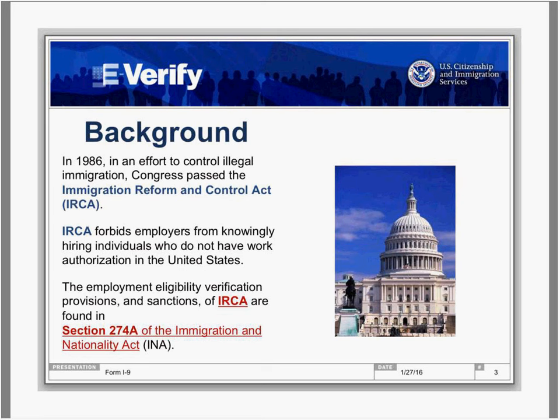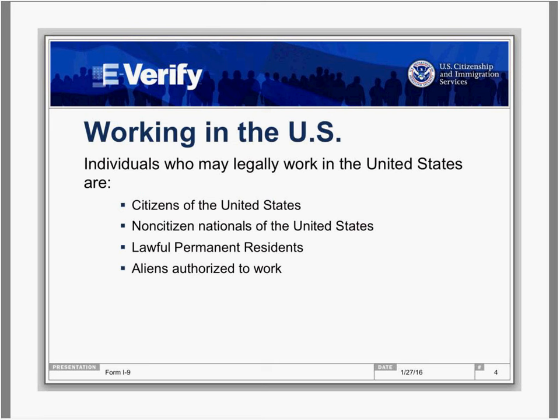You'll see there in the last paragraph where the eligibility verification provisions and sanctions are found in Section 274 of the INA. Are individuals that may legally work in the United States. And the second group, the non-citizen nationals, we're not only talking about individuals such as from American Samoa, but also the Swan Islands.